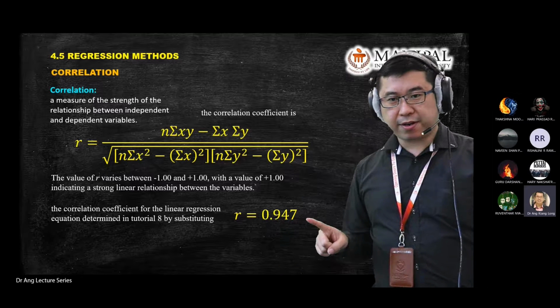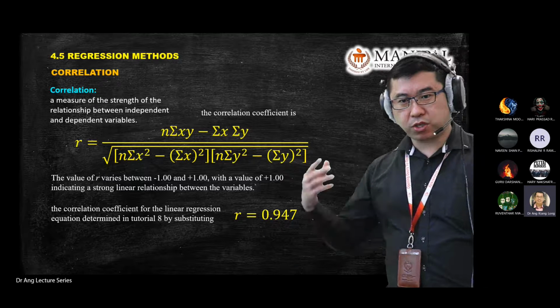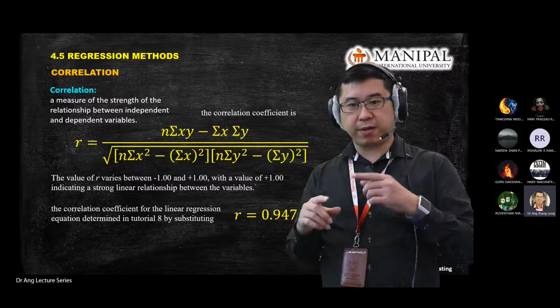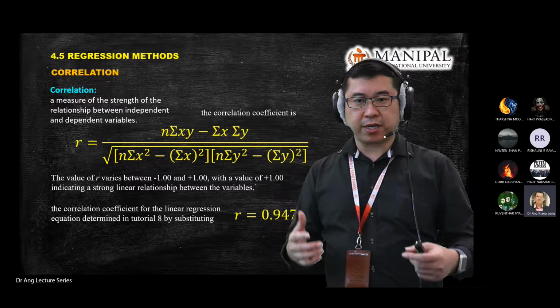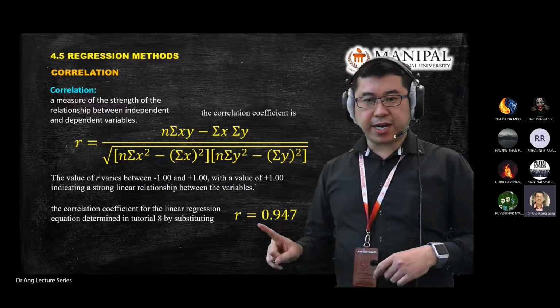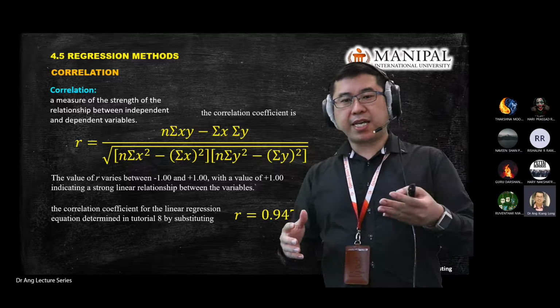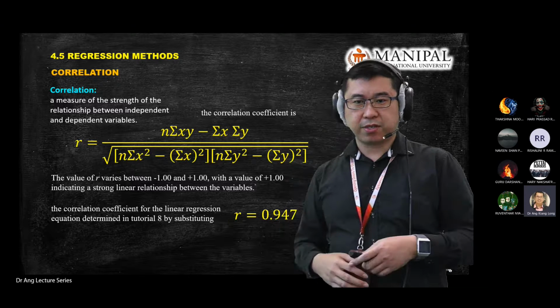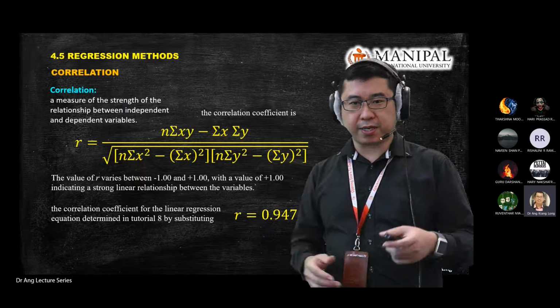So if you get a positive value towards 1, it means you have a strong relationship. You are tied together. They will react to each other. A does something, B will react. If you get a negative, A does something, B may not be responding. So there's no trend between A and B, right?